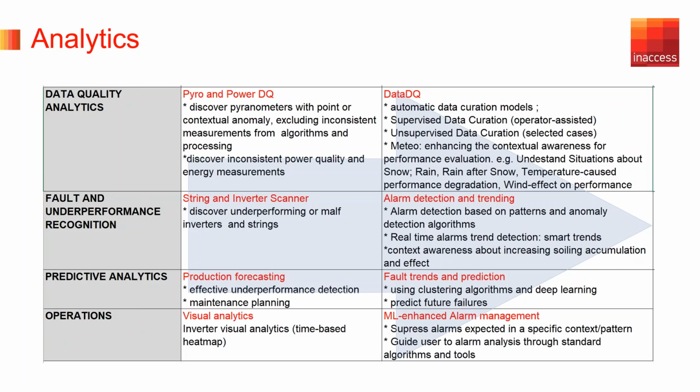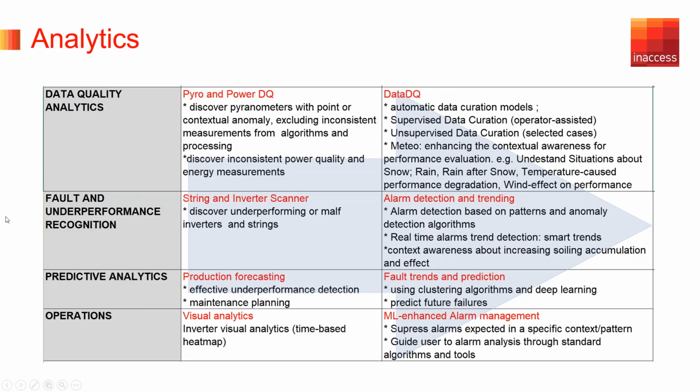It is about the health of the instruments, so you can find pyranometers, sensors that are not performing well. And this is very important so as to have good data to do the analysis. And there are ways to automatically curate those data with machine learning and either supervised or unsupervised algorithms.